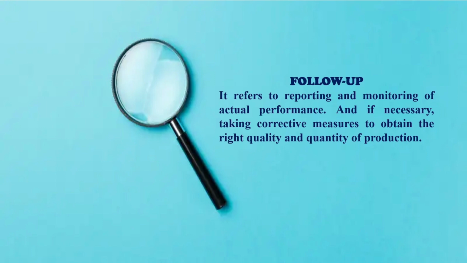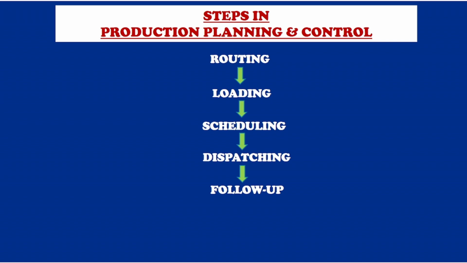Then accordingly finding out the corrective measures, analyzing it, selecting the best measure, implementing it, then review it. So this is how reporting and monitoring of actual production performance is done in follow-up stage. Okay? And the very last step is replanning.